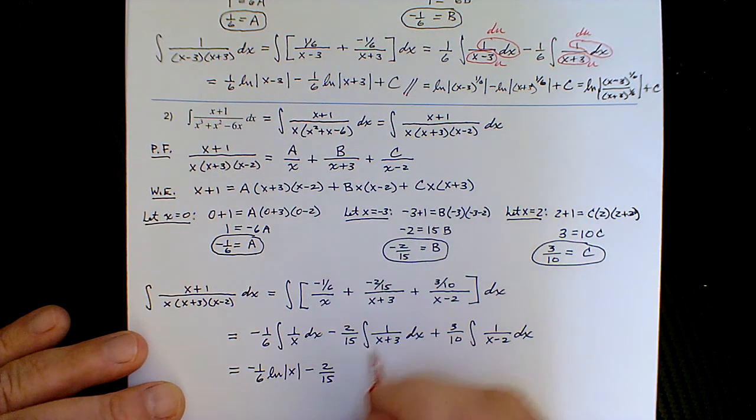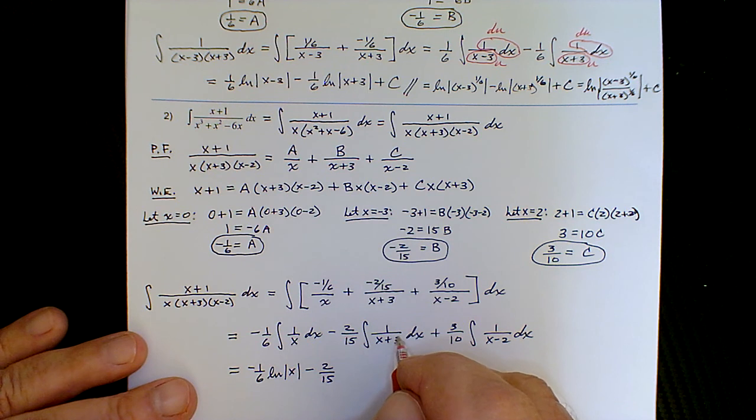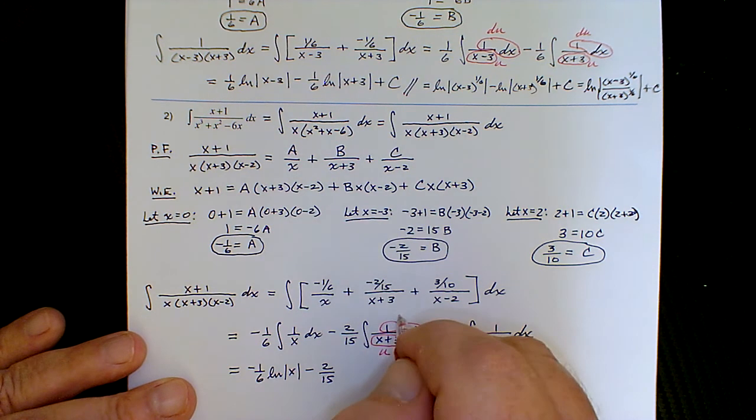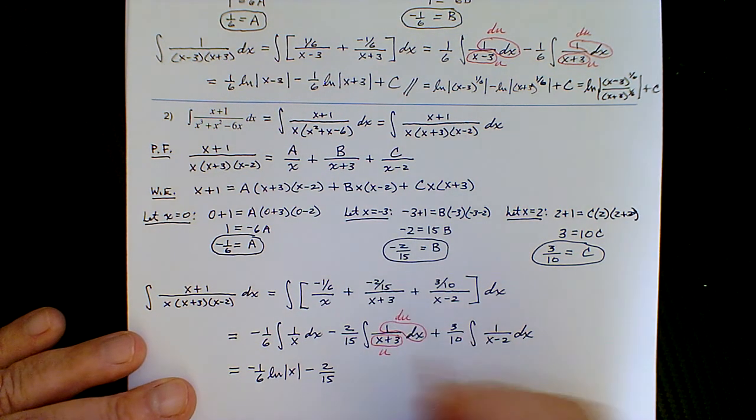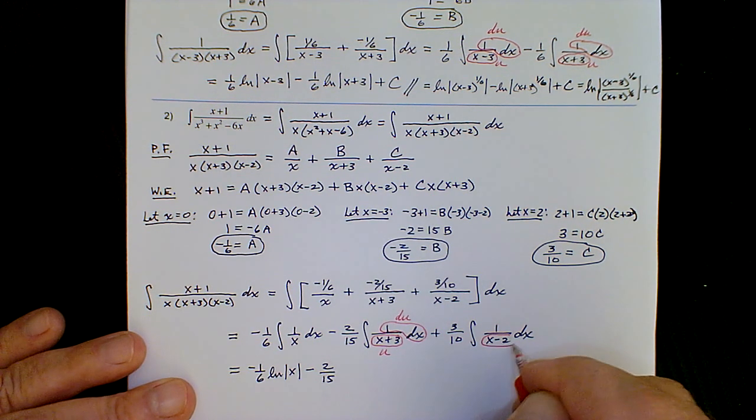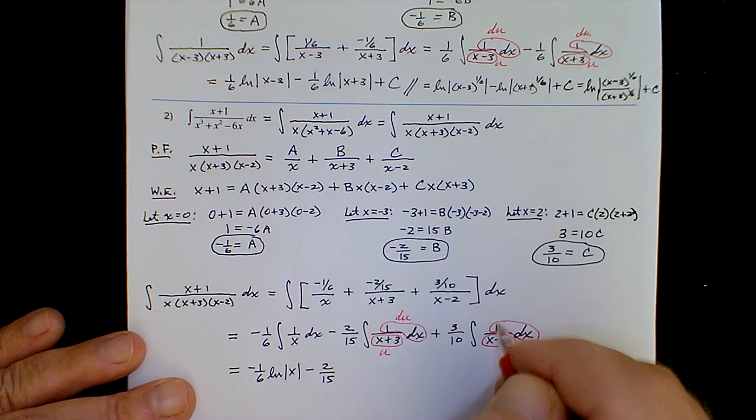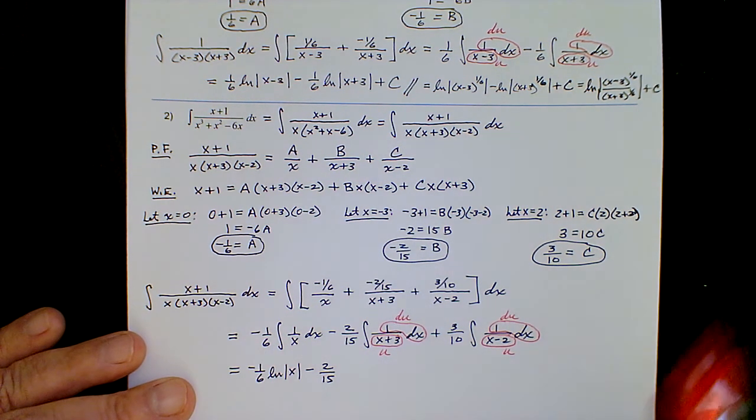If you want to, by all means do so, but you should be able to see mentally that if we choose u to be the denominator here, x plus 3, the du is identically just 1 dx. So that turns out to be the integral of du over u, which is the natural log of the absolute value of u. And similarly, 1 over x minus 2 the same. Choose u to be its denominator, and the du is identically 1 dx.